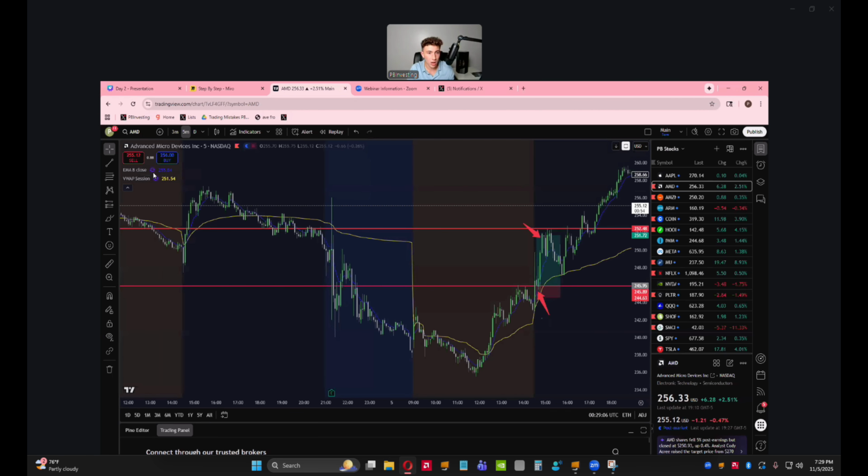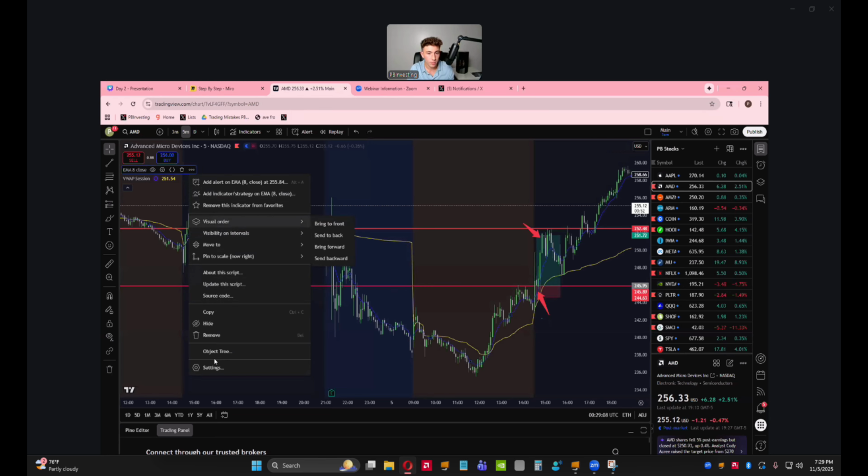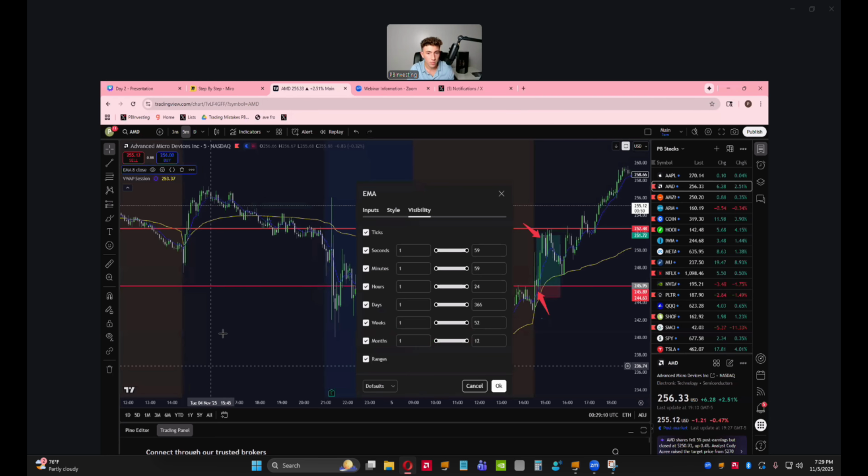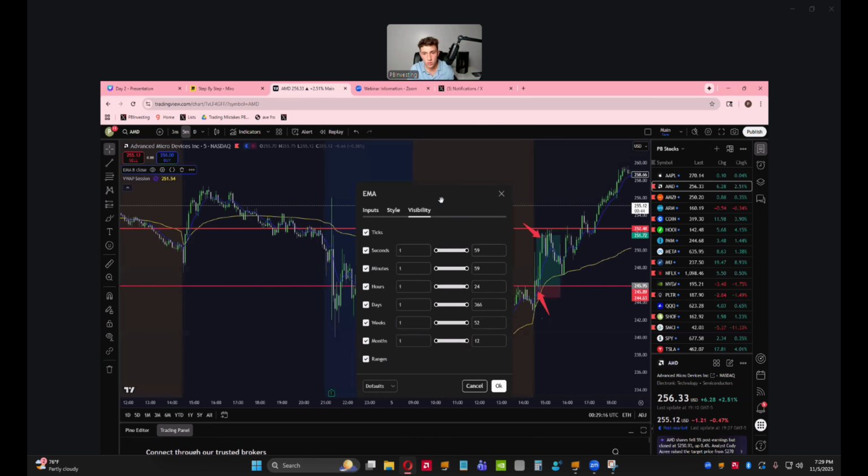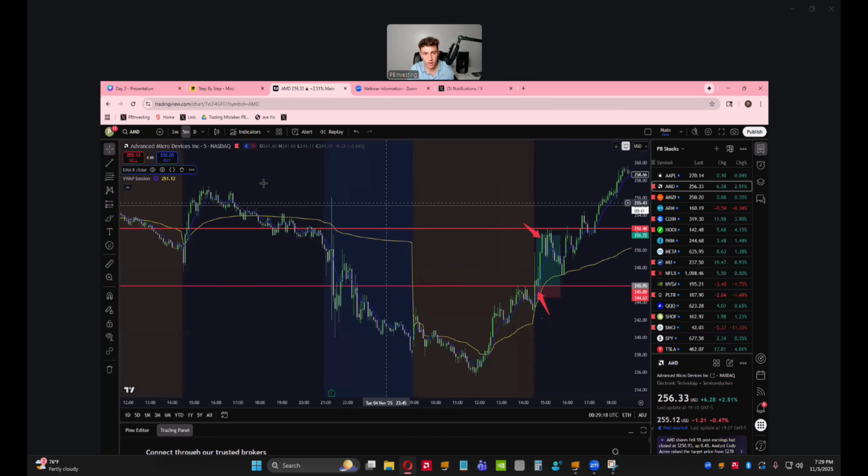Now I'm about to go over my settings for each one. Settings for the EMA: length 8, blue. Now for VWAP, I only use the middle line, and I make it yellow.